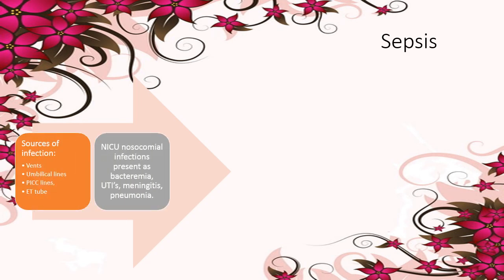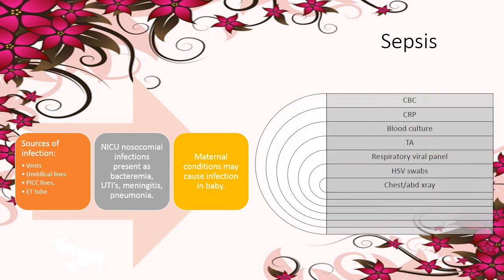In NICU, nosocomial infections present as bacteremia, UTIs, meningitis, pneumonia, or maternal conditions may cause infection in the baby. So what do we want to do if we suspect sepsis? We're going to get a CBC, a CRP, a blood culture, a TA, a respiratory viral panel, an HSV swab. We're going to do a chest and or abdominal x-ray.